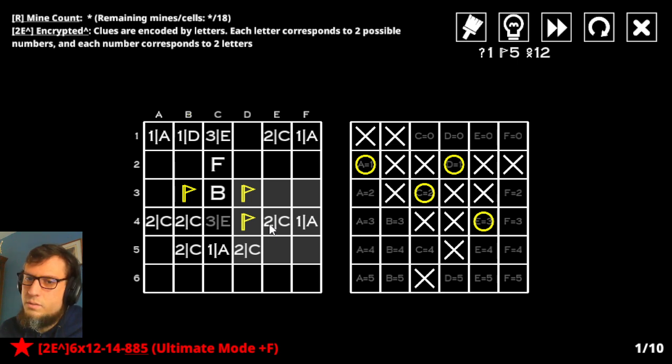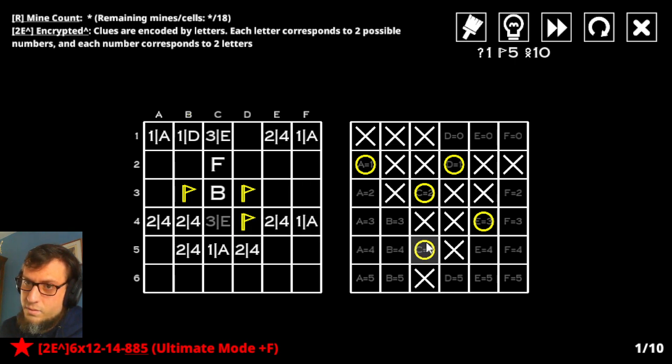Wait a minute. If this C is just literally a 2, then there couldn't be any mines here. But then this A, which is not allowed to be 0, would have 0. So that means this can't actually be a 2. This has to be whatever other option the C is. And that option has to have more than 2 mines. The only option that C has left with more than 2 mines is 4. So this one is a 4.